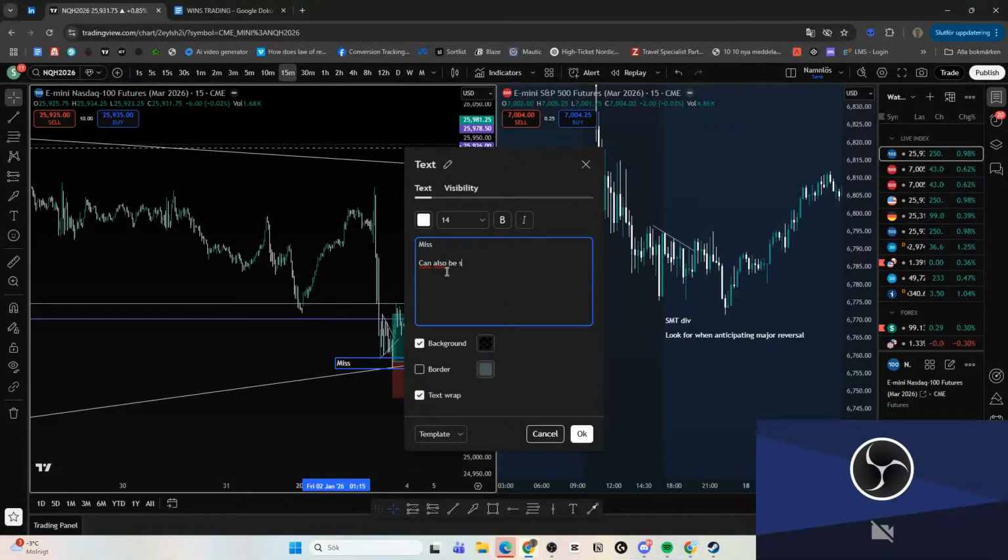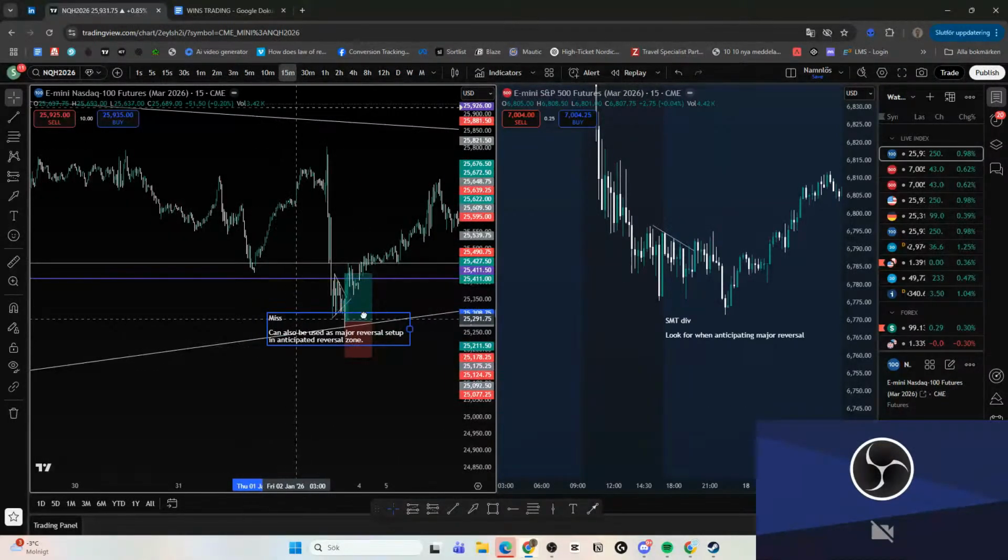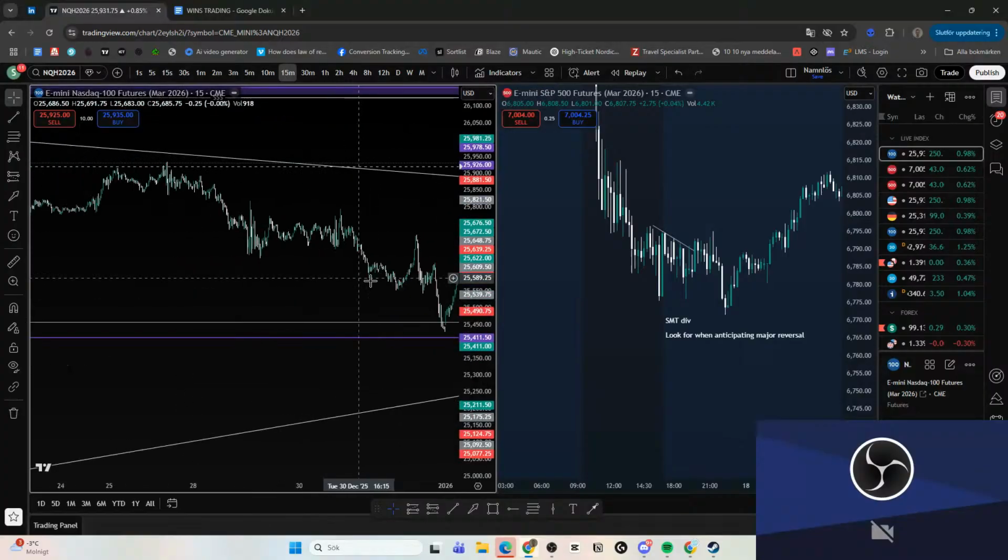Can also be seen in major reversal setup. I'll write that down like that. All right, let's get back.